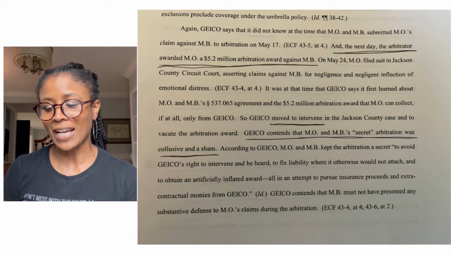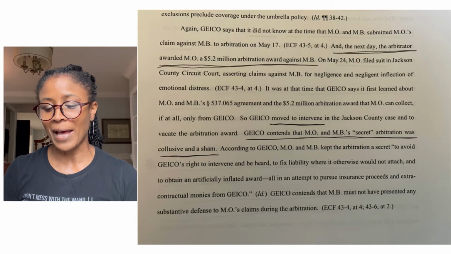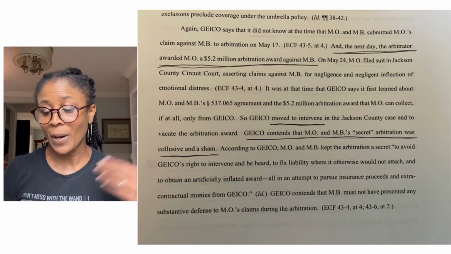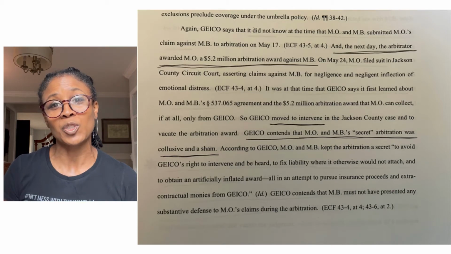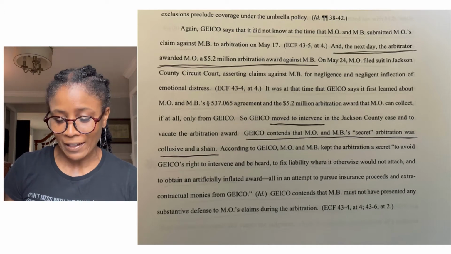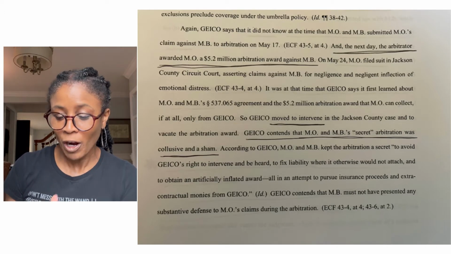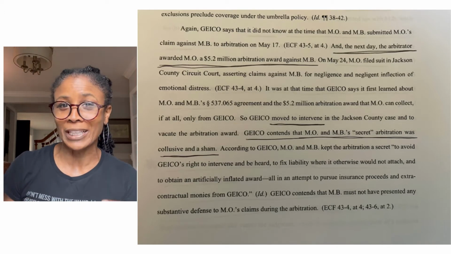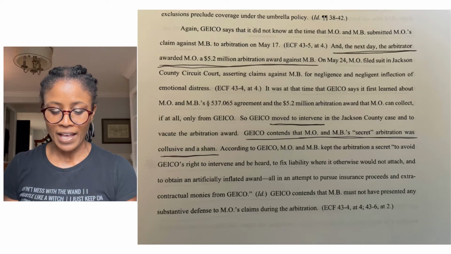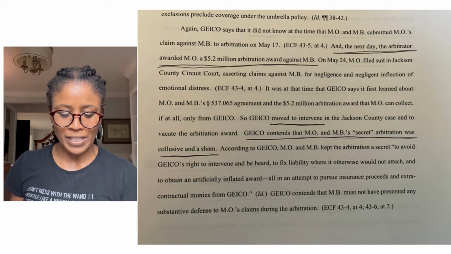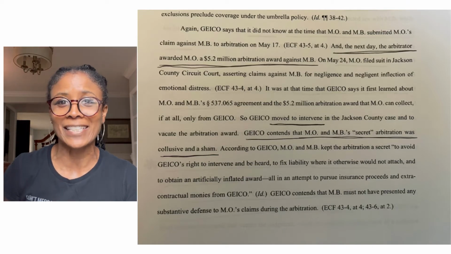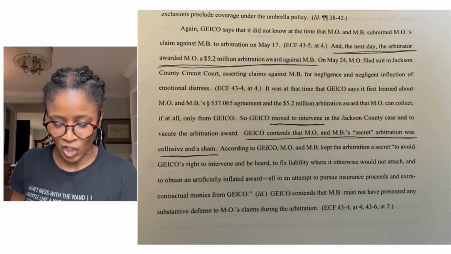It was at that time that Geico first learned about this whole agreement where she could go sue Geico, and about the $5.2 million arbitration award that MO can collect, if at all, from Geico, and only from Geico. All right, so Geico says, no. This secret arbitration was a sham. It was collusion. They got together to put us on the hook here.